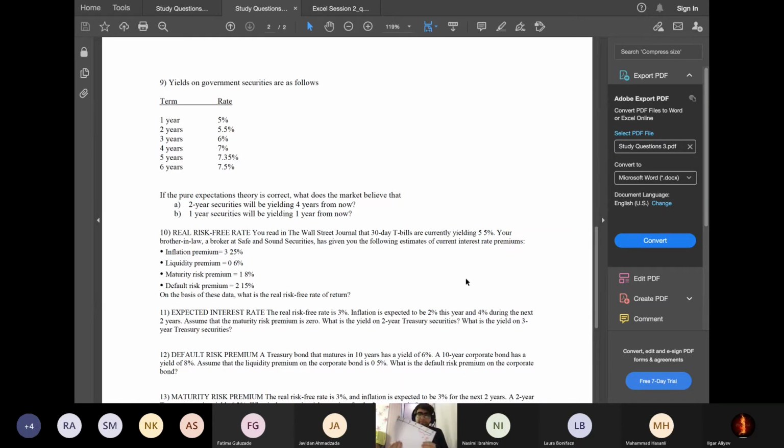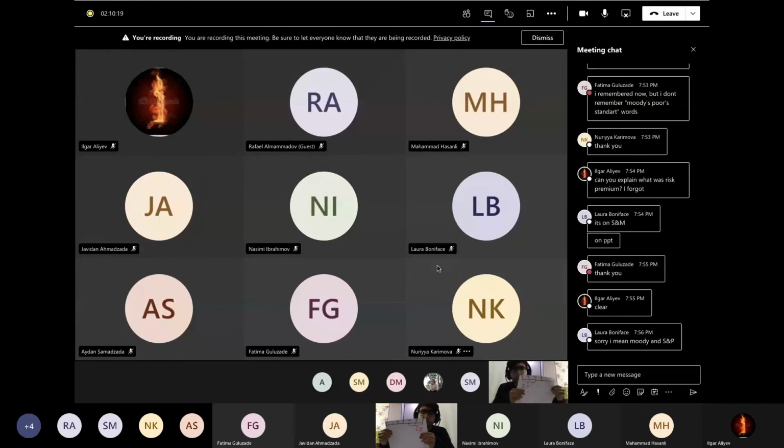Look, guys, I am talking about A. 2-year securities will be yielding 4 years from now. We have to find this interest rate.